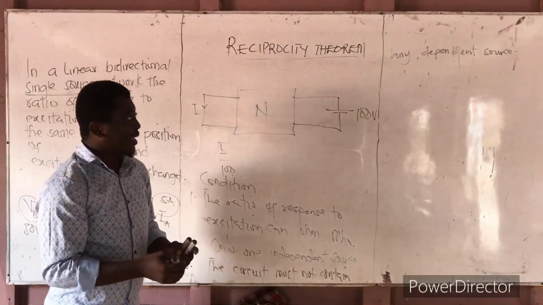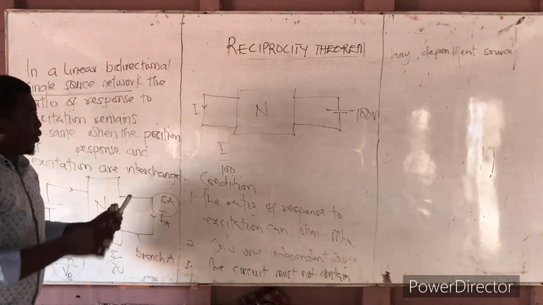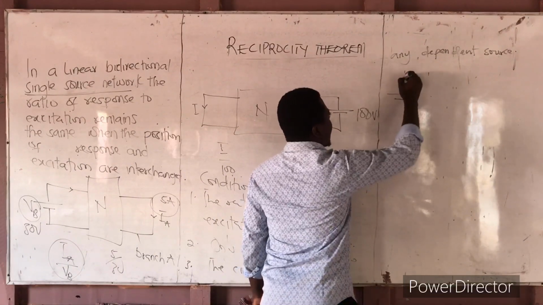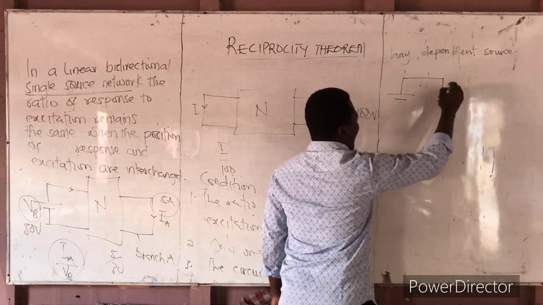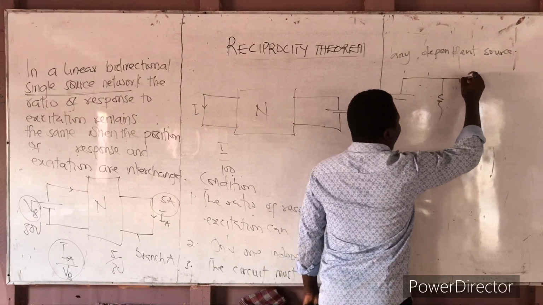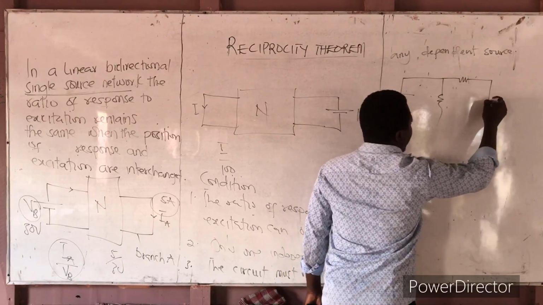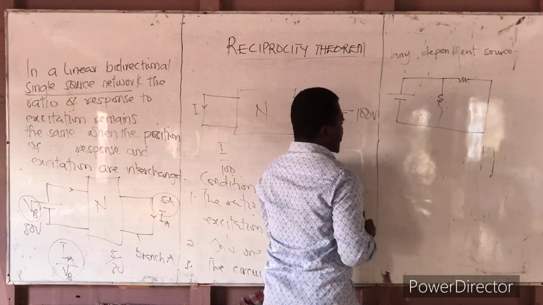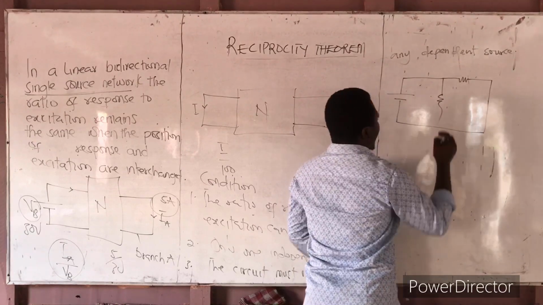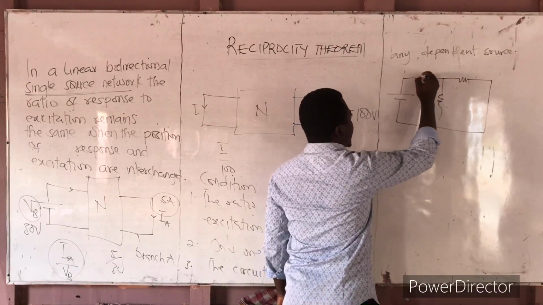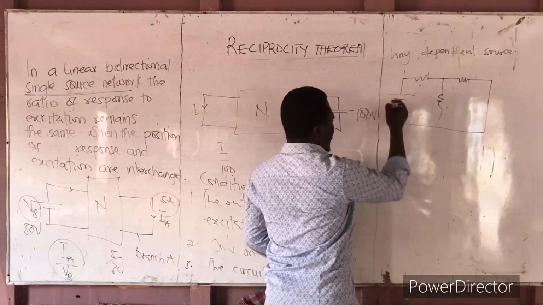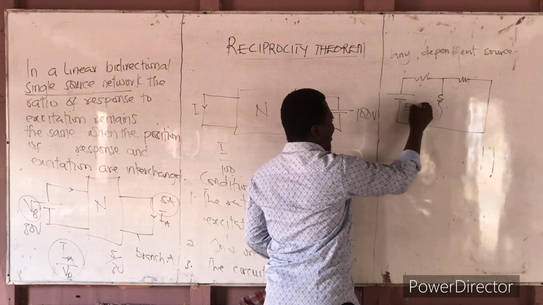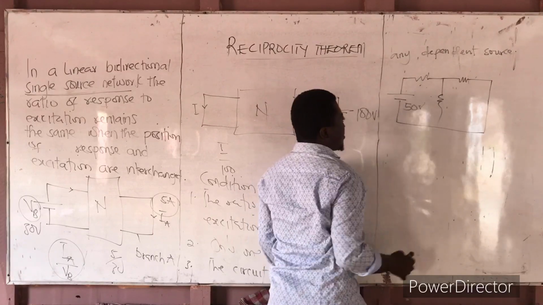So let's pick an example. In this example, we are given a battery and we have a resistor here, and we have another resistor. The voltage here is, let's take it as, 50 volts.